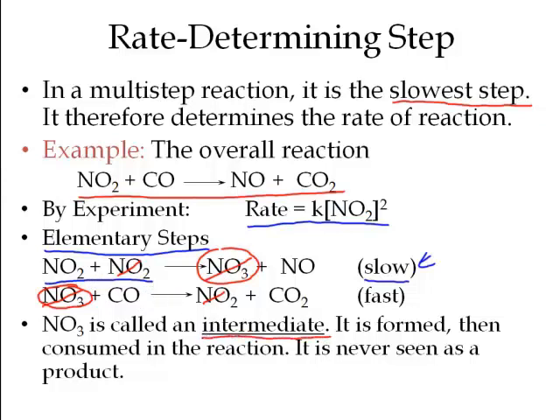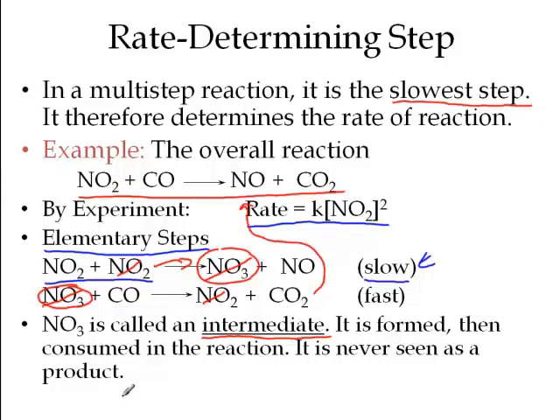And you'll see questions where they'll ask you what the intermediates are. But it always works the same. Intermediates are made, and then they're consumed. And when it's all said and done, if we were to add all this up, like Hess's law, we would get that reaction right there.